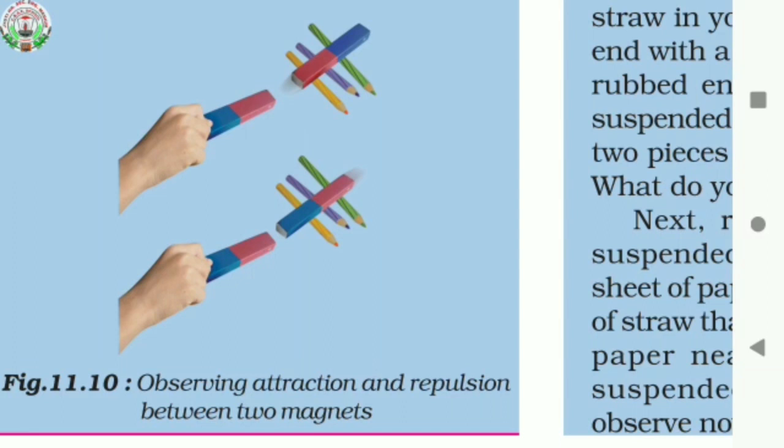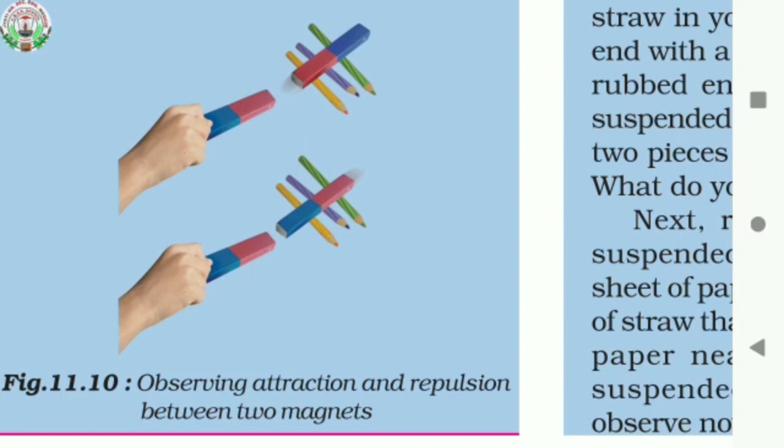You can observe that the bar magnet which is kept over the pencils moves backward. Why does it happen so? As I told you, there is a repulsion between like poles. So due to repulsion, the bar magnet moves backward.